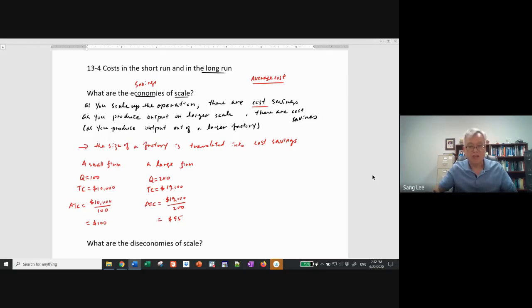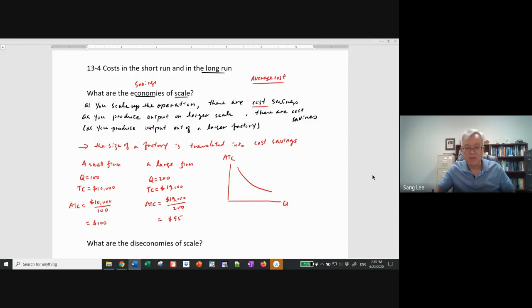So now, again, graphically, what does that mean? That means as a firm size grows, and here average total cost, as they produce more and more output, average total cost is smaller and smaller.